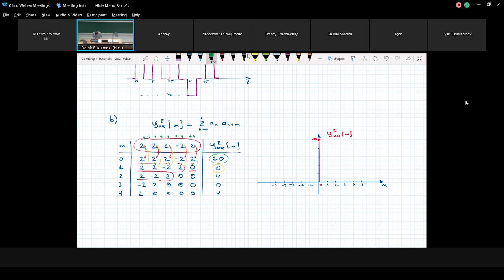You have 4 plus 4, which is 8, minus 4, minus 8. 8 plus minus 8 is 0. You always use the first row as a reference and multiply element-wise with the next, and then sum. And this is the discrete time correlation. This is what we tried to find.